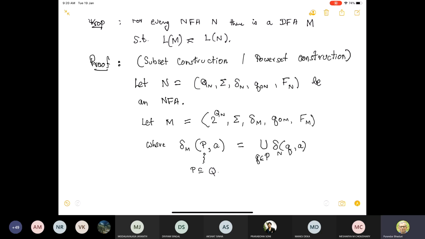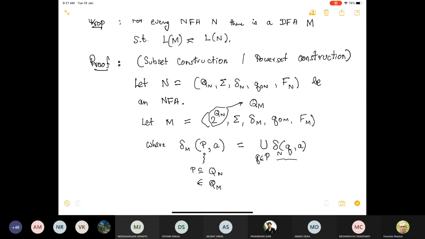It's a set of states in the non-deterministic automaton, which means that it is an element of Q_M. So this is defined as the union of delta_N(q, a).